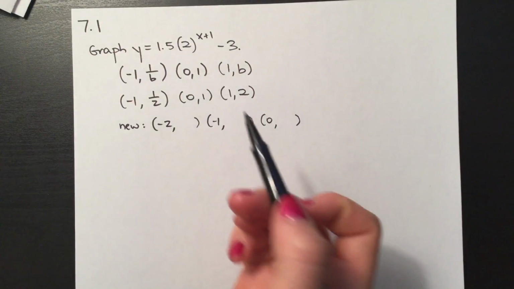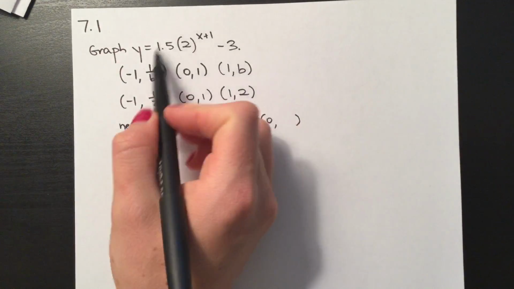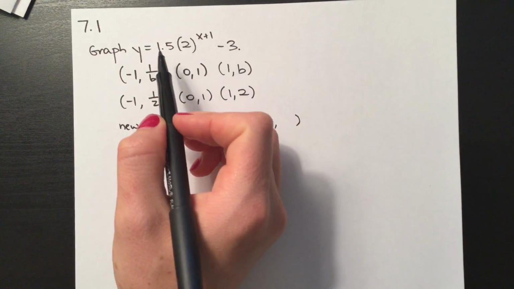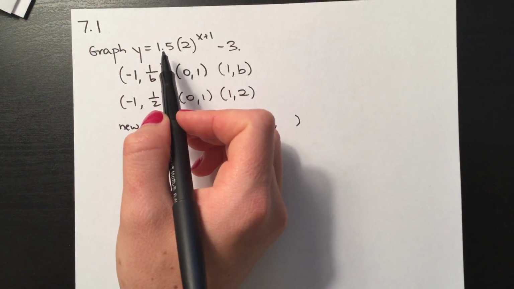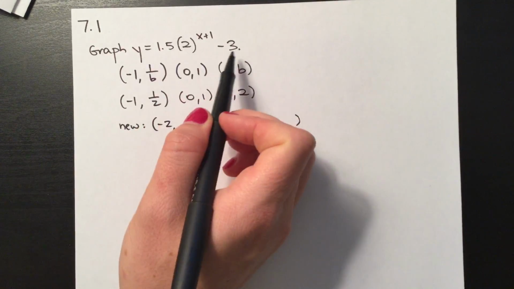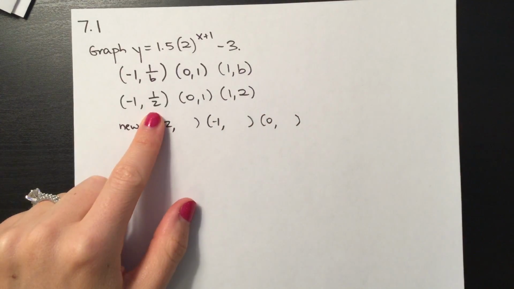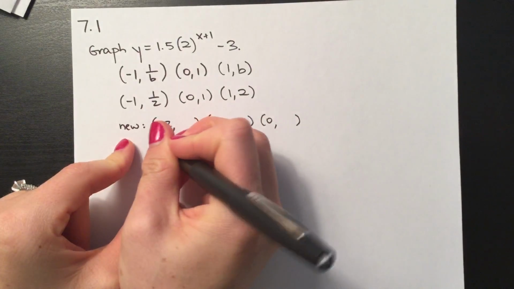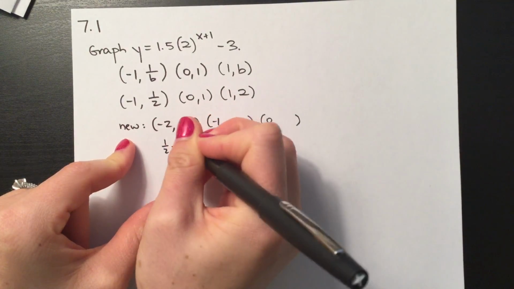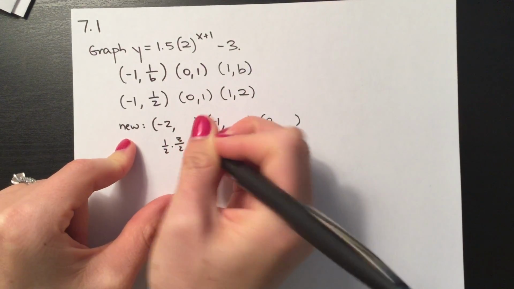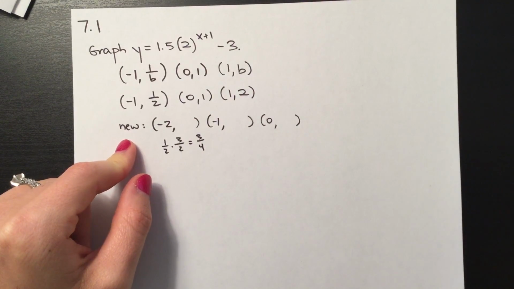And then the next thing that we have is both of these things are going to affect the y. So remember, you go from left to right. First, you're going to multiply the y values by 1.5, and then you're going to subtract 3 from the y values. Okay, so 1.5, you can think of it like 3/2 if you want to. So 1/2, if I multiply that by 1.5, that's going to give me 3/4, and then subtract 3.